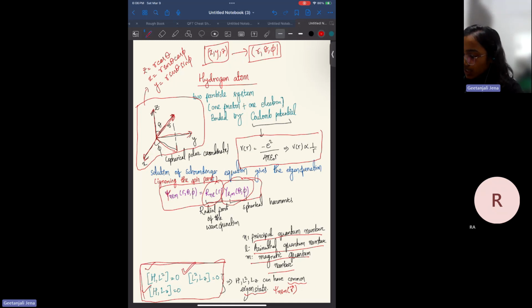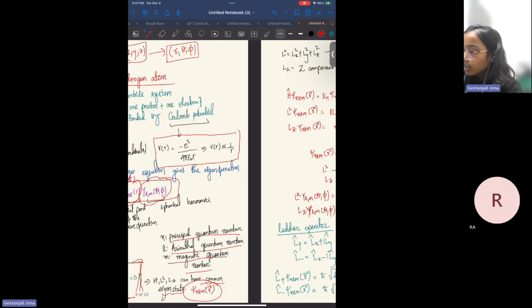If the commutation relation is 0, you know that you can have a common eigenstate for these operators. So we conclude that H, L squared, and Lz can have a common eigenstate, which is psi n l m (r), the multiplication of the radial part and the angular part.